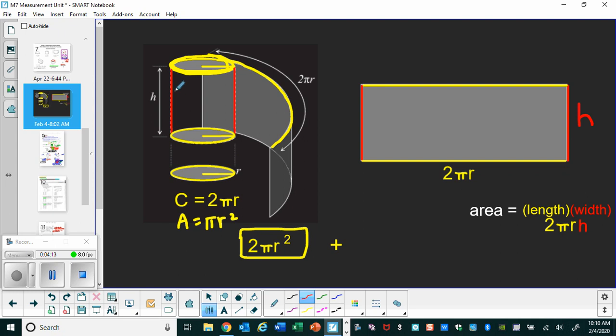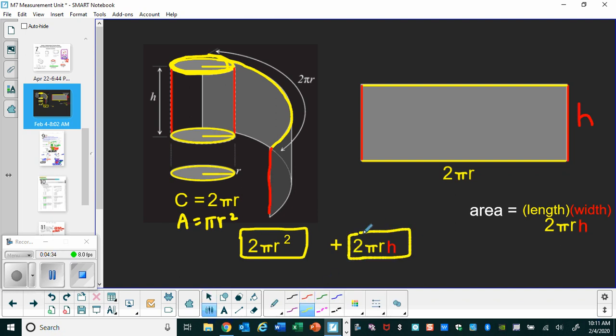Now, the height of the cylinder is going to be the width that you need right here in red. So the height becomes the width. So to find the area of this thing, if it's length times width, it's this 2 pi r times h. And that's the second part of your formula that you see on your formula sheets.